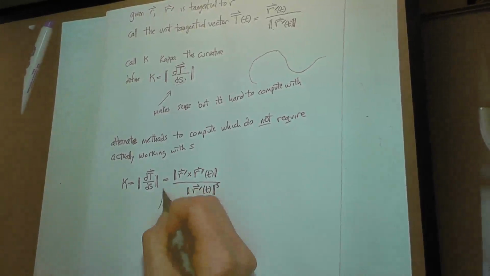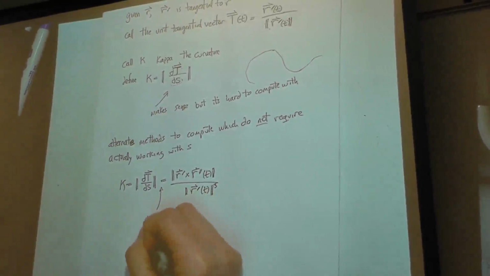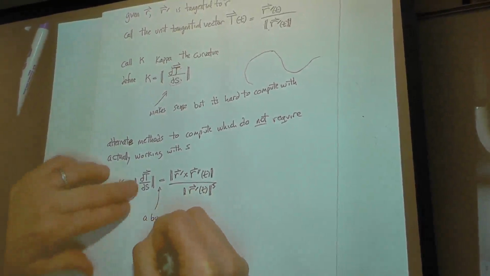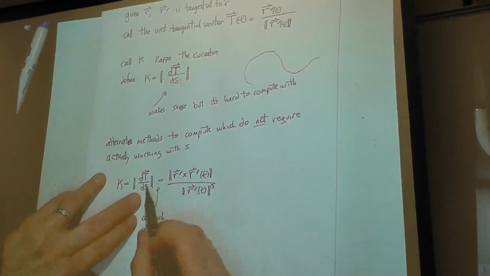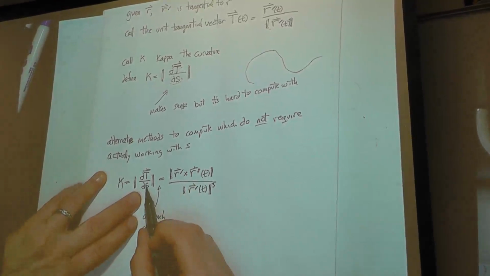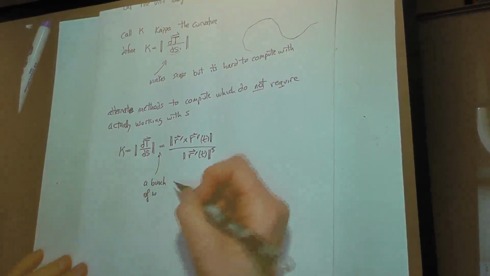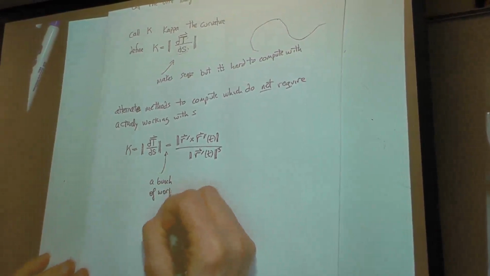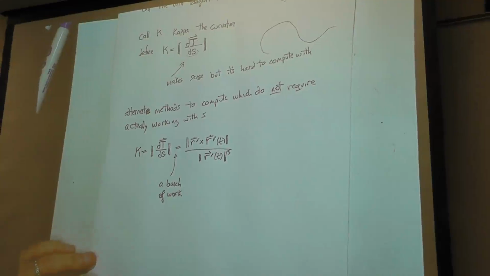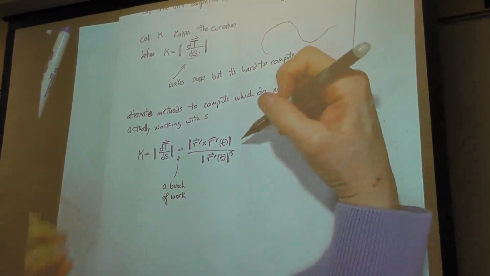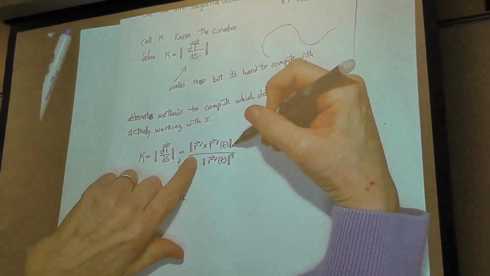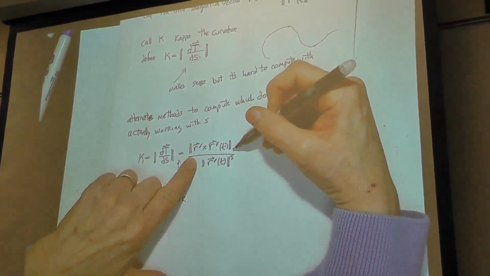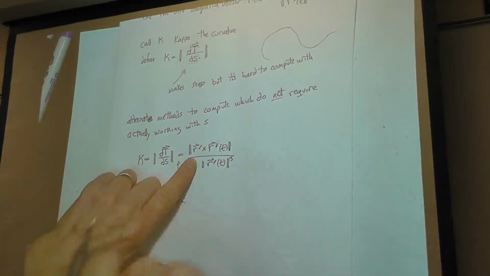So, a bunch of work goes into deriving this from this. Keep in mind, this does not immediately look like it would have anything to do with curvature. Is that a cross or an X?